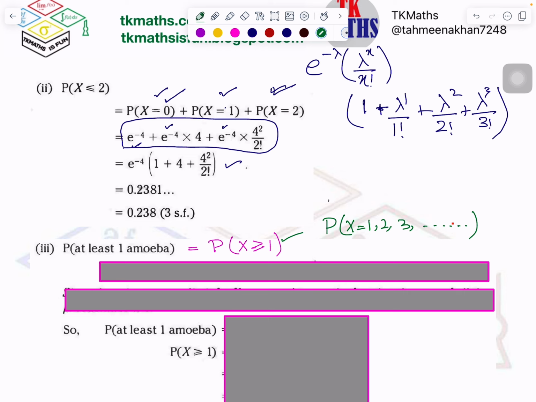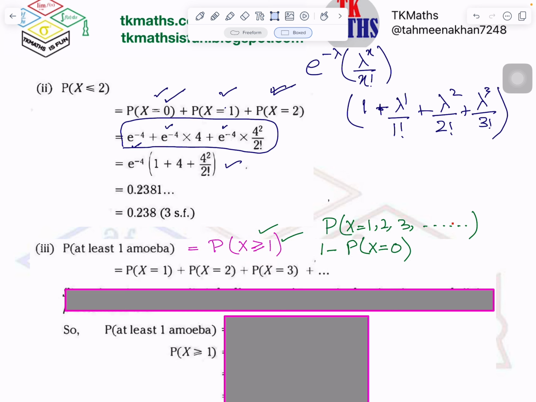In these types of cases, when it is at least 1 or at least 2 or at least 4, what do we do? We do the subtraction case. So I will do 1 minus probability of x equals 0, because when I'm starting with 1, what is missing is 0. So that will give me all the probability other than x equals 0. Right?